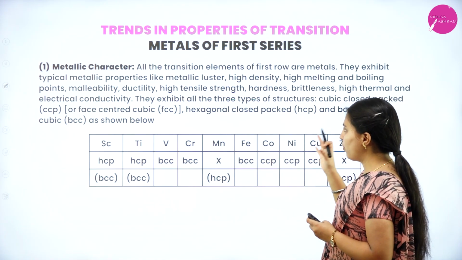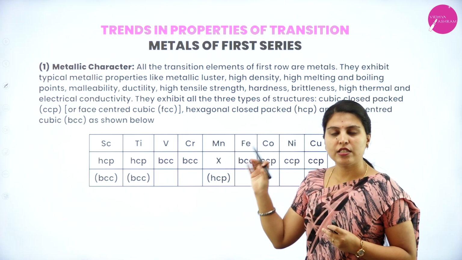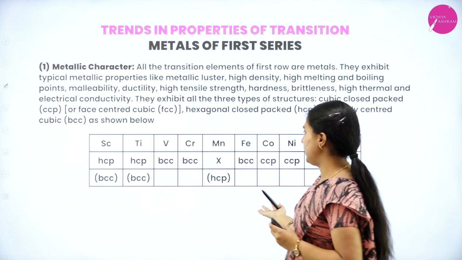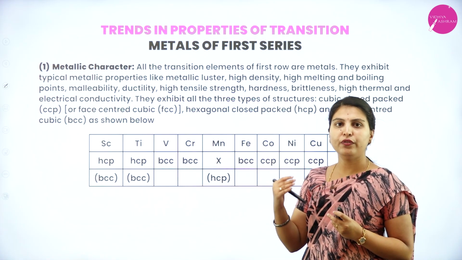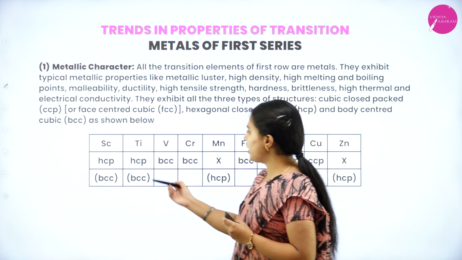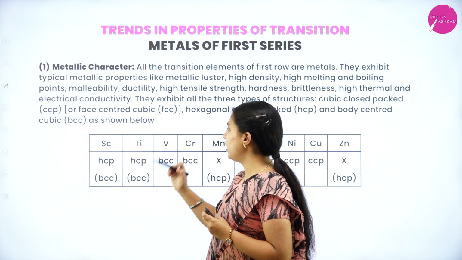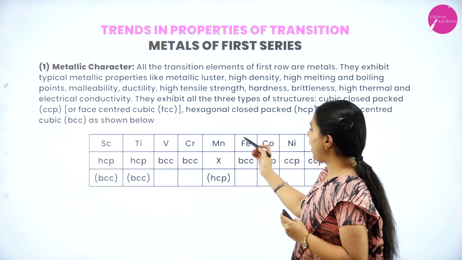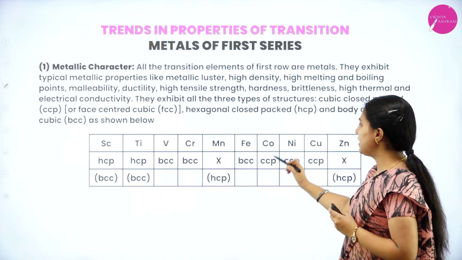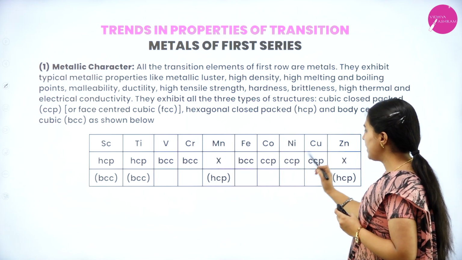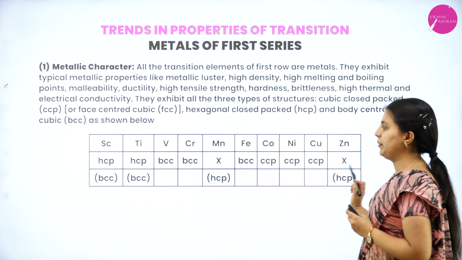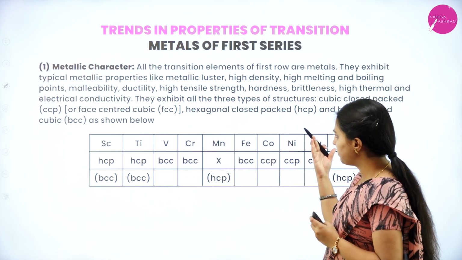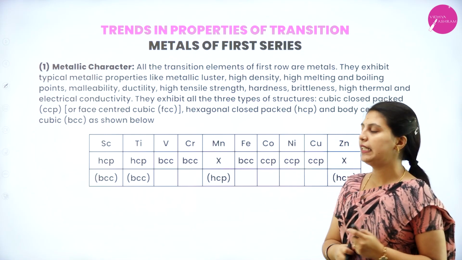Individually, scandium shows HCP and BCC, titanium HCP and BCC, vanadium BCC, chromium BCC, manganese HCP, iron BCC, cobalt CCP, nickel CCP, copper CCP, zinc HCP. These are the individual metals and the kind of structure each one shows.